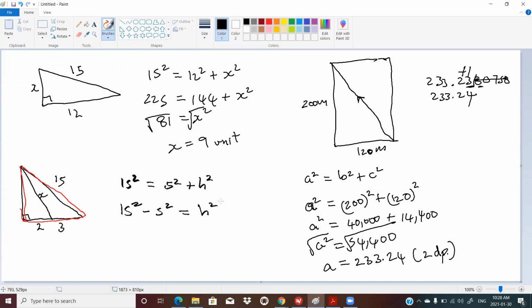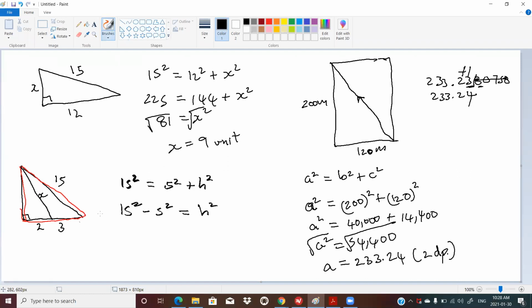Now we can put this in a calculator. Of course, you could actually work this mentally. You could use the difference of two squares and work it mentally, but I'm not going to go there. So you have 15 squared, that, and 5 squared is 25, so you get 200.